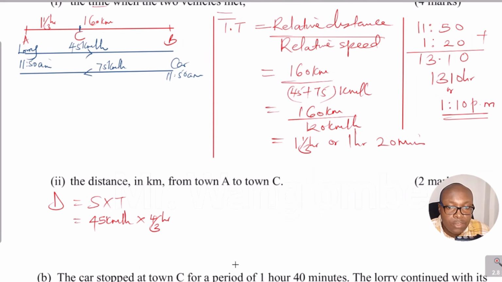When you multiply these, you divide 45 by 3, this is 15. 15 times 4 gives 60 kilometers, as the distance from A to C. So we've simply taken the speed of the lorry, that is 45, multiplied by the time from A to C. We've already calculated that time.